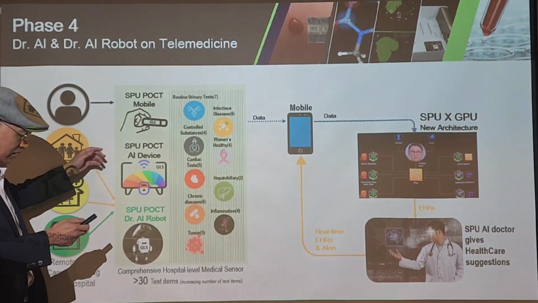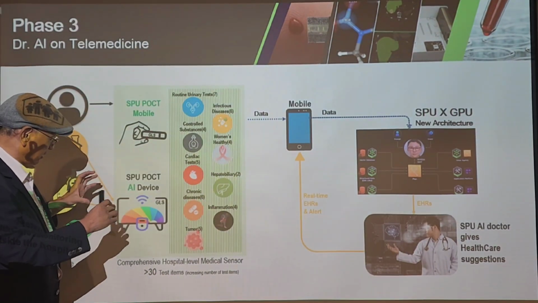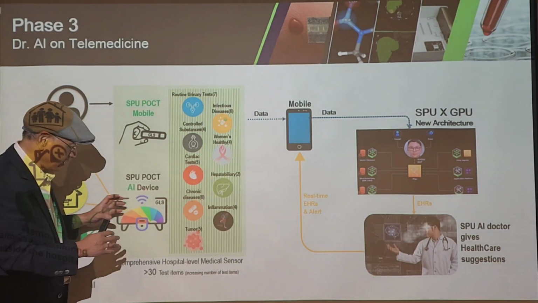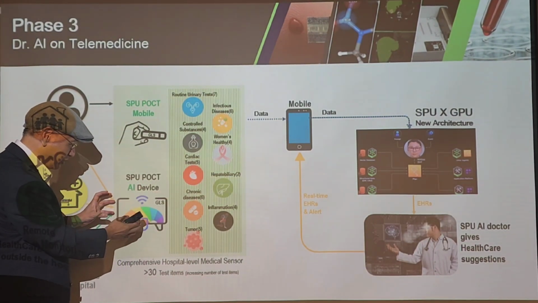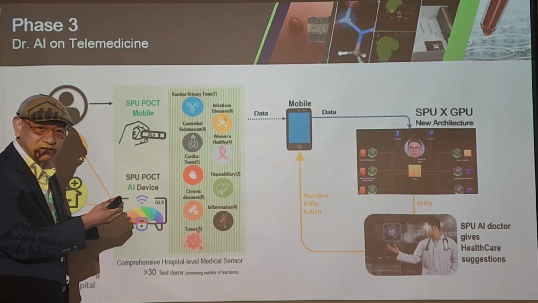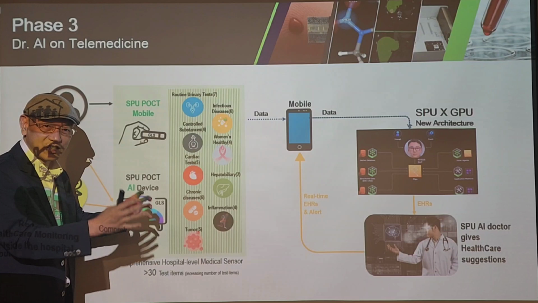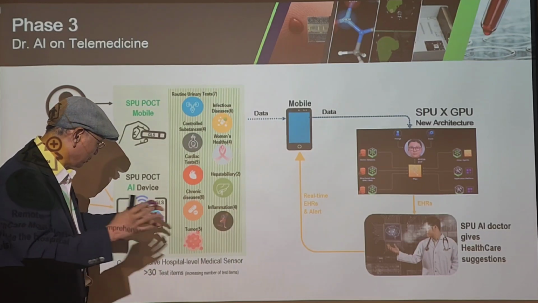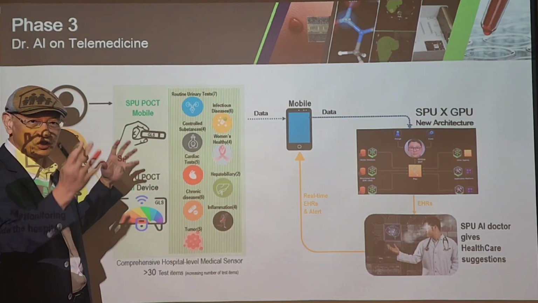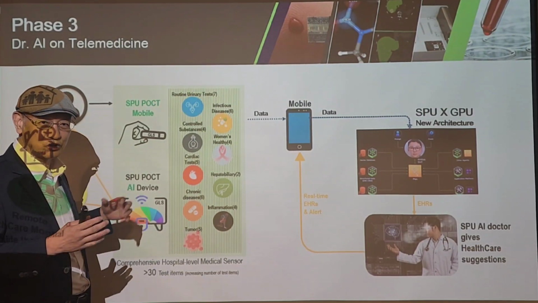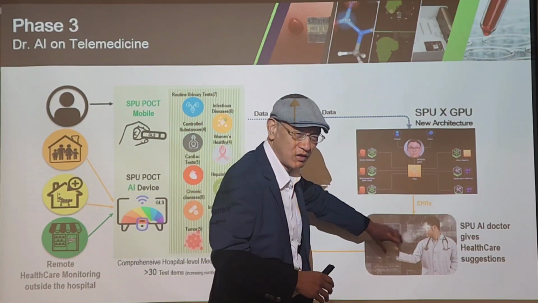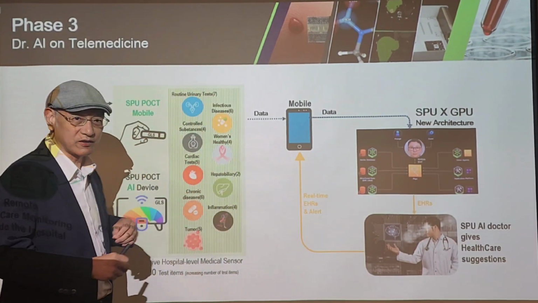And then the next. On the previous page, we talked about the SPU POCT, and we will enhance this device to have more AI power on the machine itself. So in certain cases, the machine can handle it. But if you need larger computing or larger handling, that will be sent back to the central system for more detailed analysis.